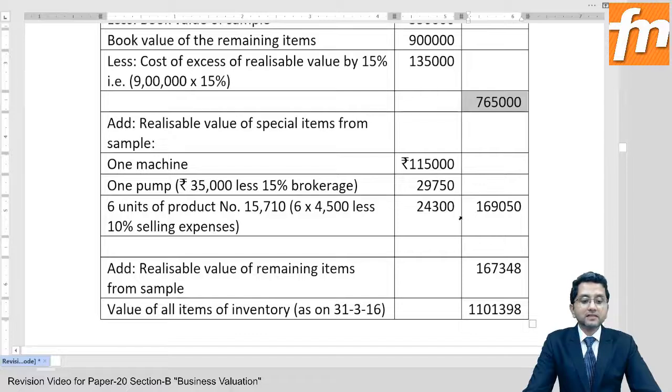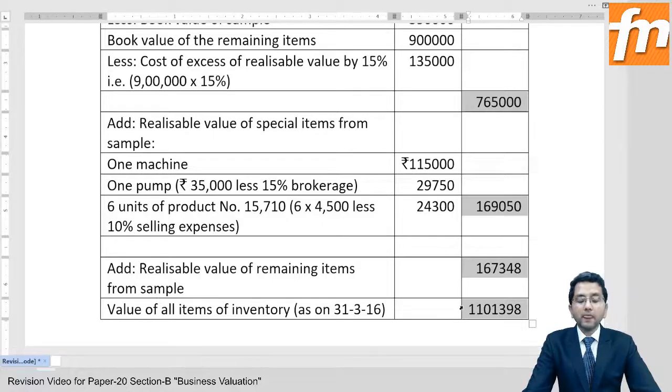That is 765 plus 169 plus 167 added together will become 11 lakh 1398. So yeah, though it's simple, but it's a different question. Cost or realizable value, whichever is less.